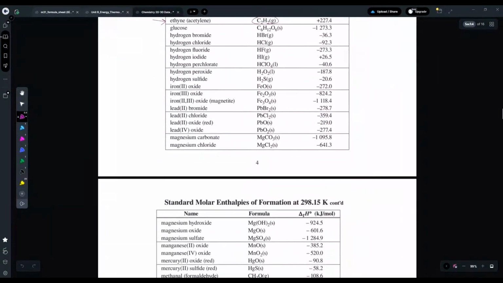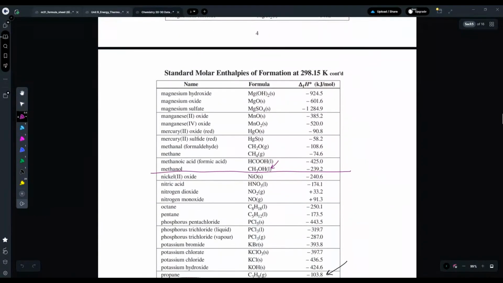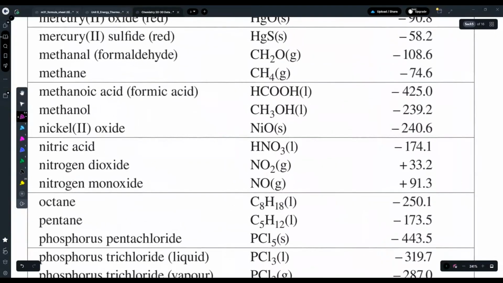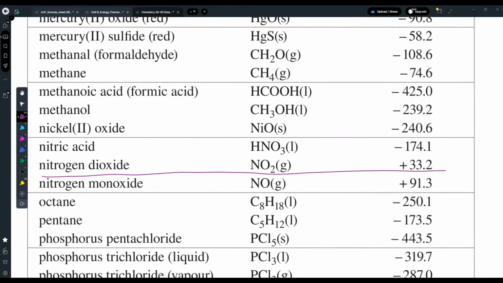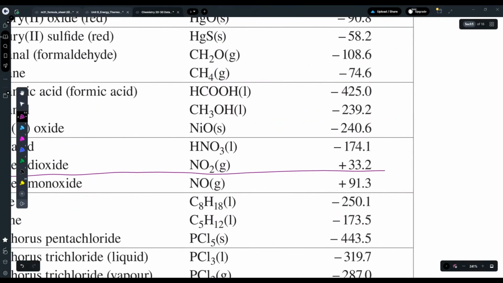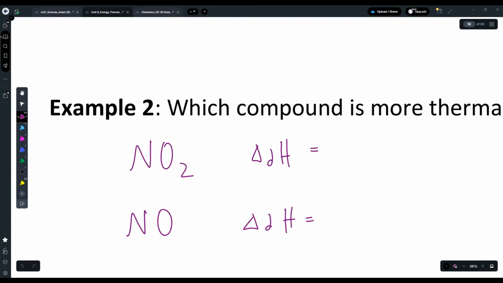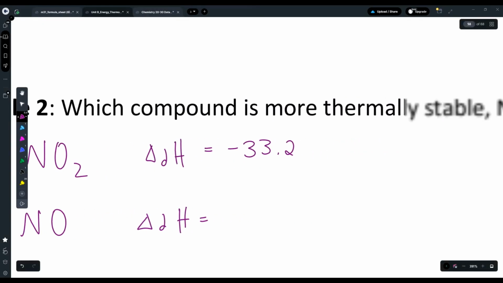So remember, these are organized alphabetically. So nitrogen dioxide is right here. So the molar enthalpy of formation is positive 33.2 kilojoules per mole. So that means decomposition, we just need to flip the sign. So negative 33.2 kilojoules per mole.